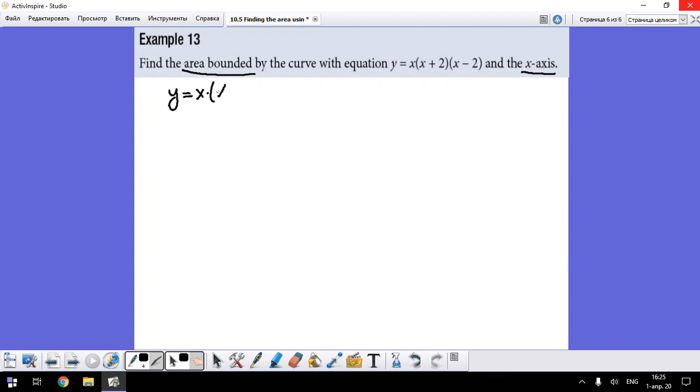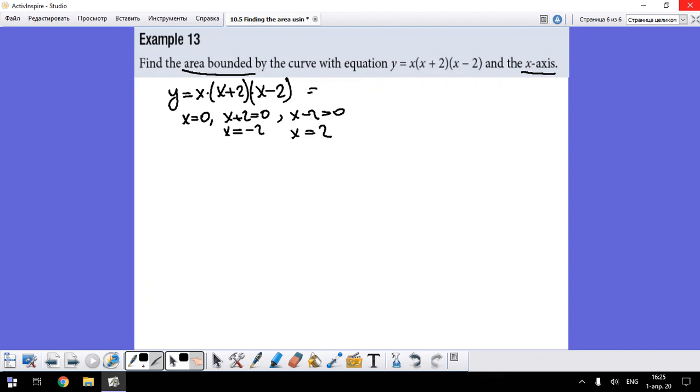It is x multiplied by x plus 2 and x minus 2. We need to find the area bounded by the x-axis, so x equals 0, x plus 2 equals 0 gives x equals negative 2, and x minus 2 equals 0 gives x equals 2.